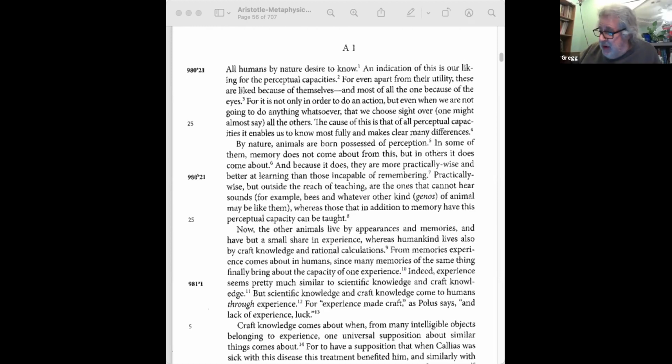This sounds like straightforward induction or reasoning by analogy. You need the memory to hold on to the past encounters and to let them start building up so that you can see some connection.